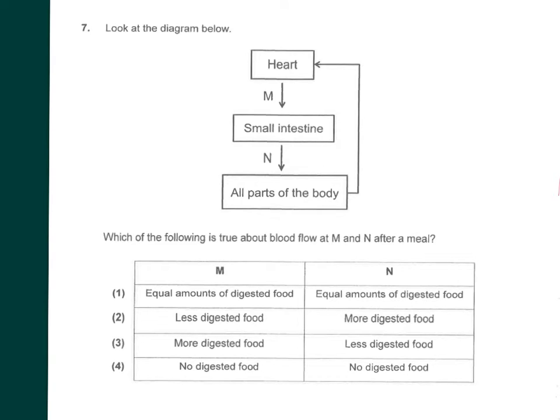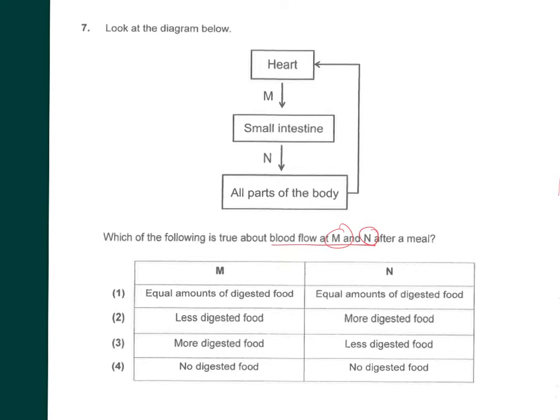Question 7, let's look at this diagram. Now, which of the following is true about blood flow at M and N after a meal? So this flow chart here actually shows how blood is circulating around the body. So we need to know which part has got more digested food. So in this case, you know that in the digestive system, the body heavily depends on the small intestine for the absorption of digested food.